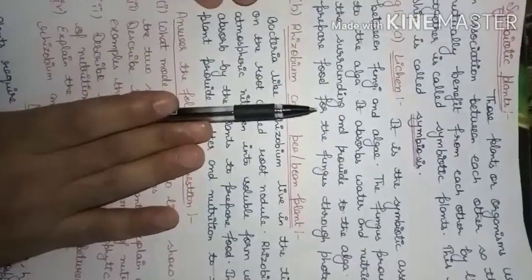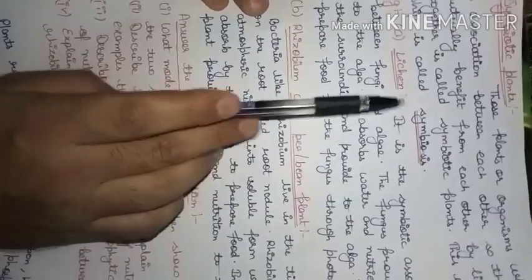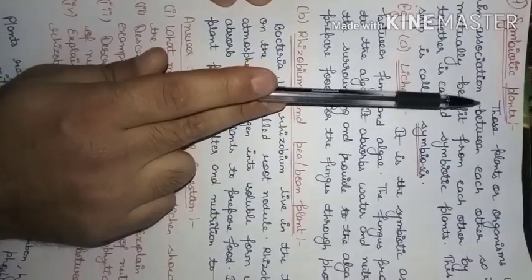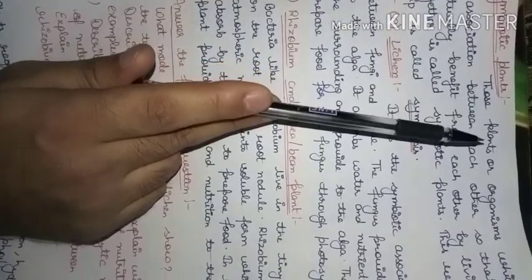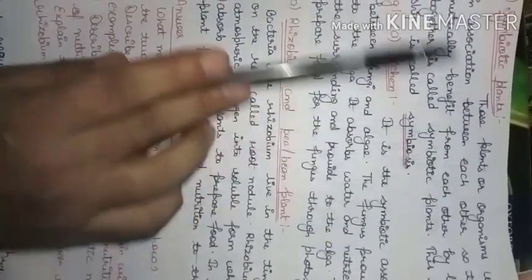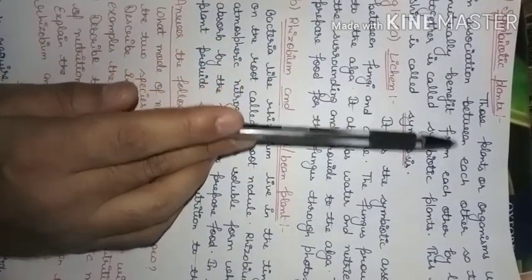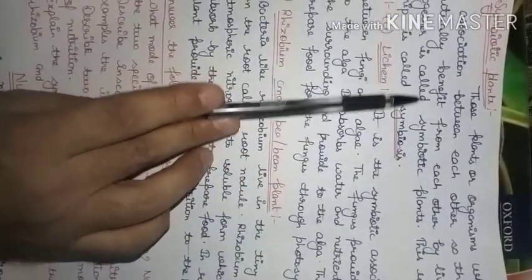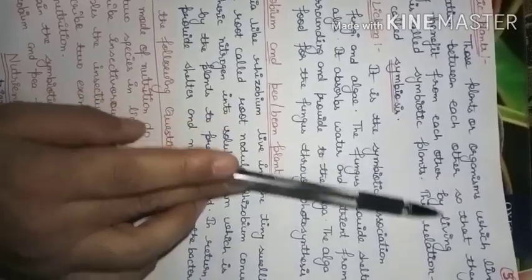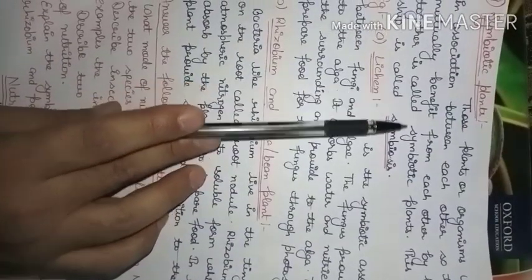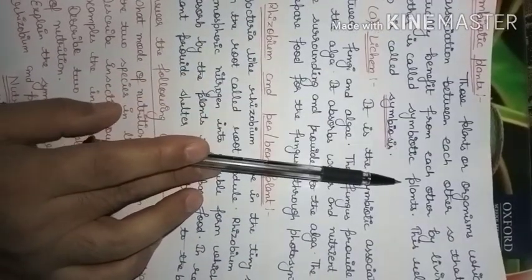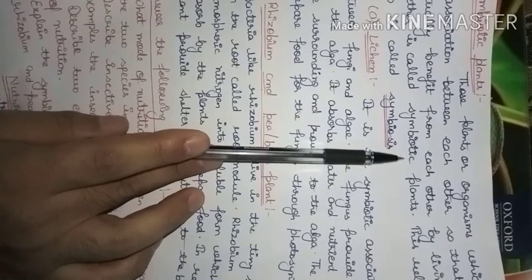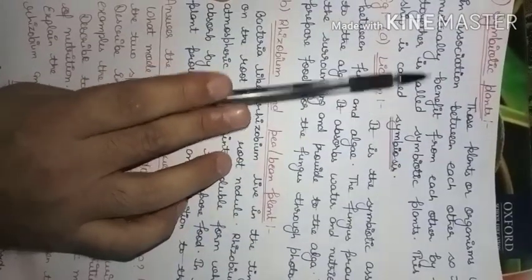Now the next type of heterotrophic plant is symbiotic plant. Okay, now what is a symbiotic plant? Those plants or organisms which live in association with each other, so that they mutually benefit from each other by living together, are called symbiotic plants.